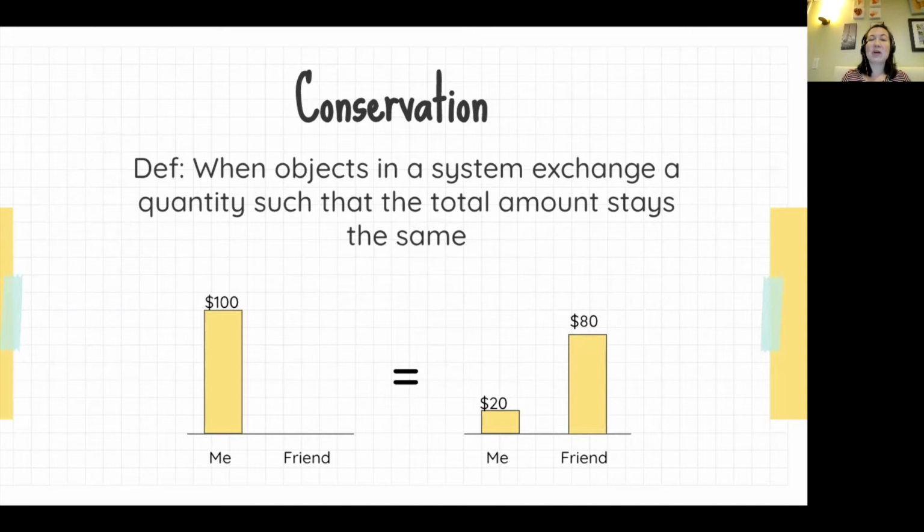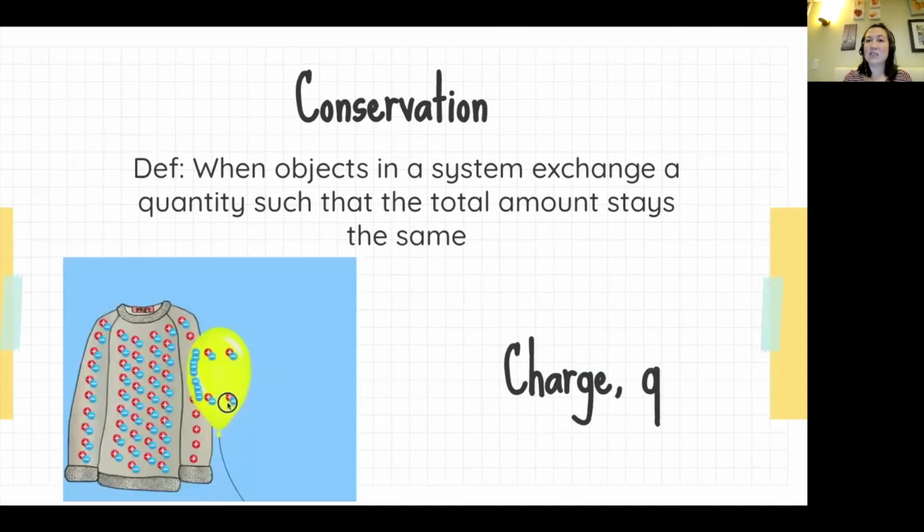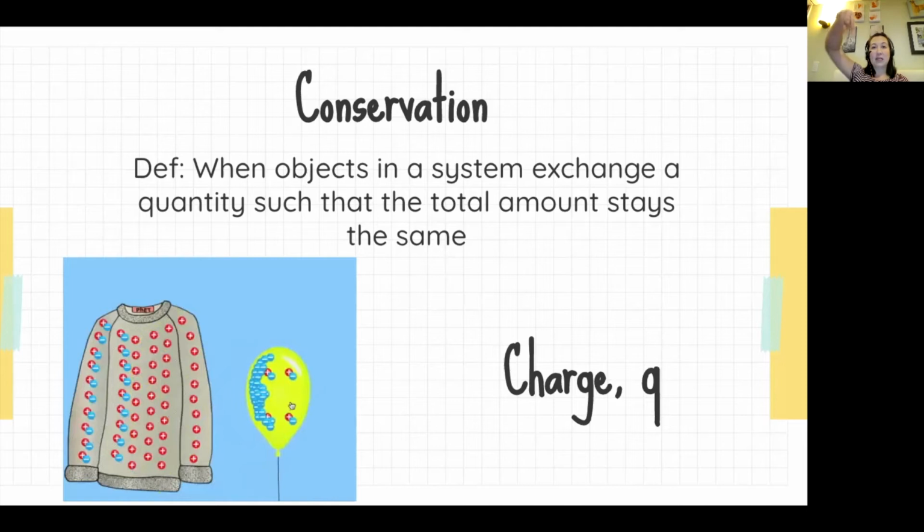You might remember conservation from chemistry as well. Maybe you've seen it as conservation of charge. When we do charge numerically later, charge is going to have the symbol Q. Get used to it. And in this case, the charges moving from the sweater to the balloon make the balloon negative.